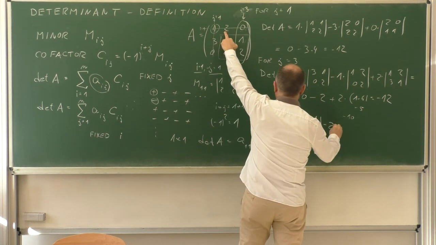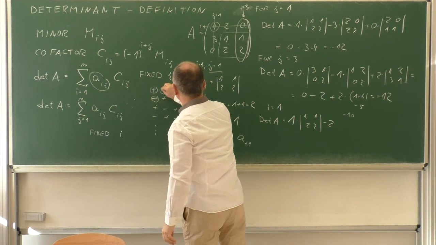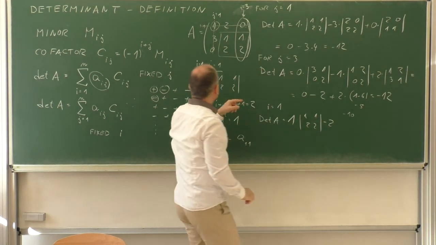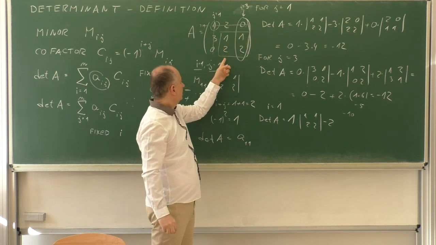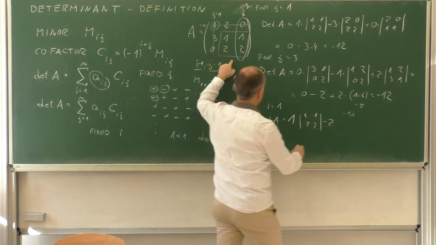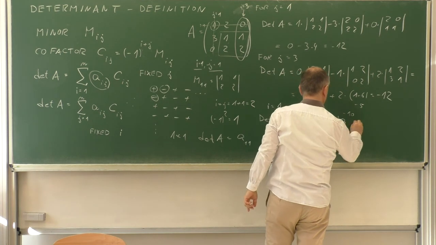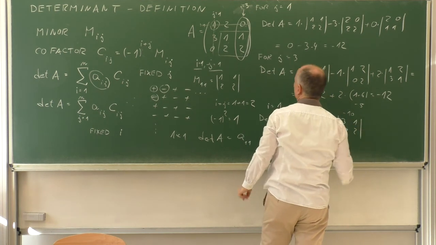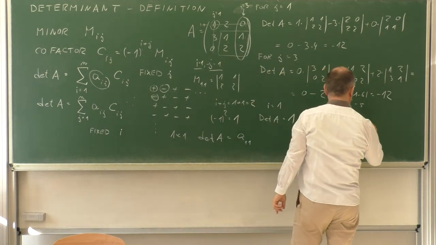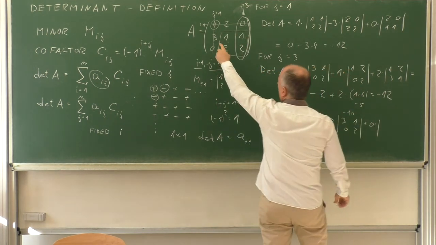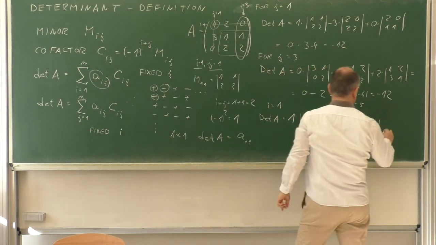Minus 2 times, minus because of this, the subdeterminant when we delete the first row and the second column, which is 3102. And finally, plus 0 times 3102.